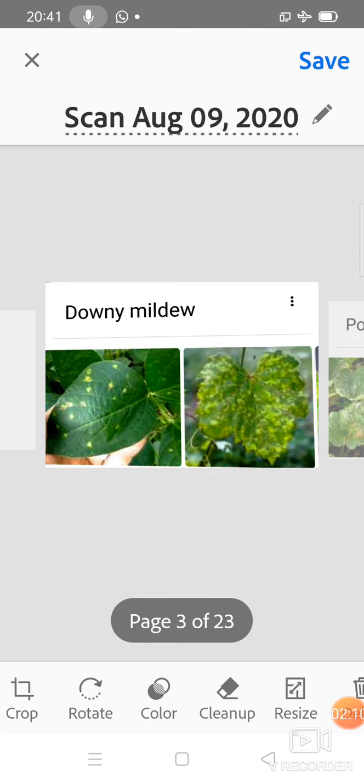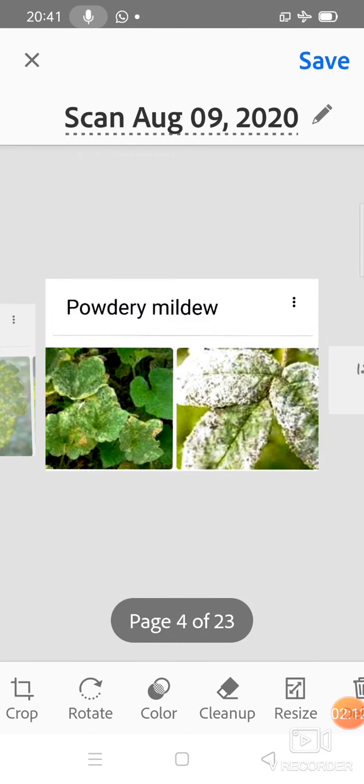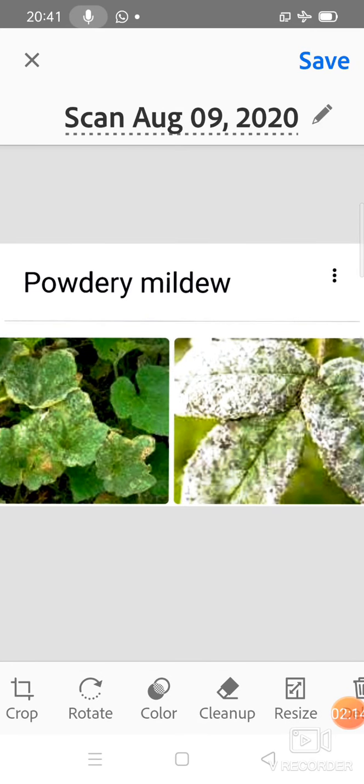Next is powdery mildew. Here we can see powdery deposition on leaves. This is caused by fungi of order Erysiphales. We can see powdery spots on leaves and stems.